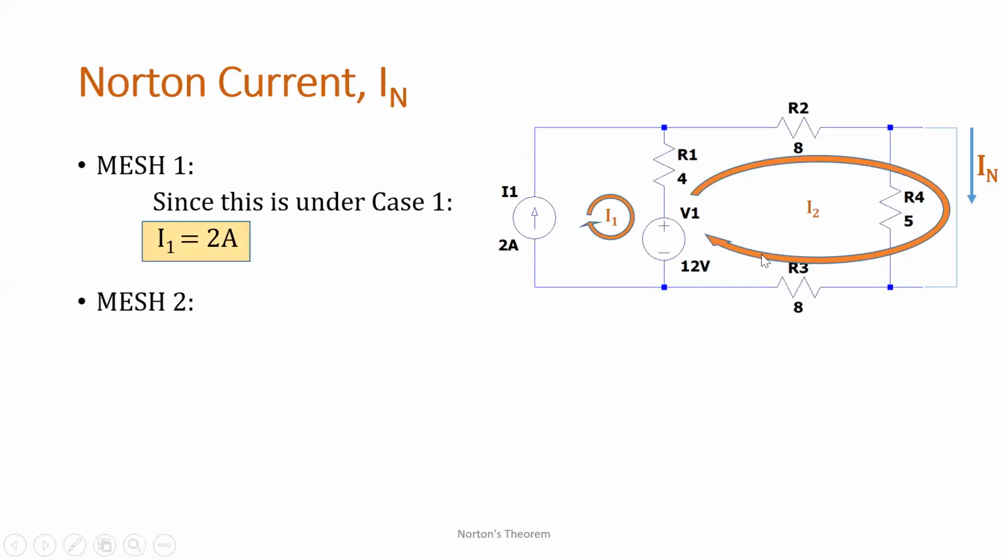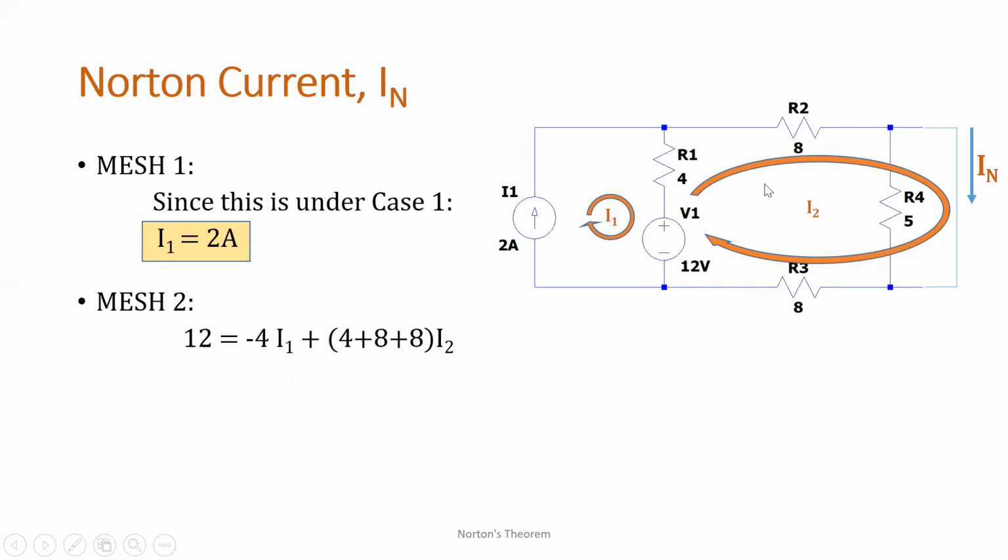Next, let's move on to the second mesh. We have 12 volts, then negative 4 I1, the contradicting current being negative I1 multiplied by 4, plus 4 plus 8 plus 0 plus 8 times I2. Remember, we did not flow through the 5 ohms.